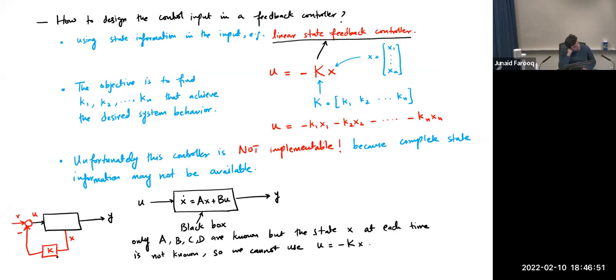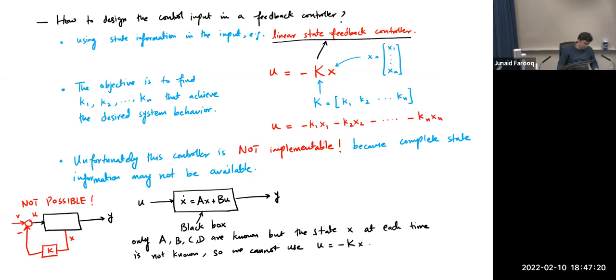The problem is this is not possible because the internal state X cannot be determined in all cases. So then what do we do? Obviously, we want to do a state feedback controller. We want to take the state information and feed it back.